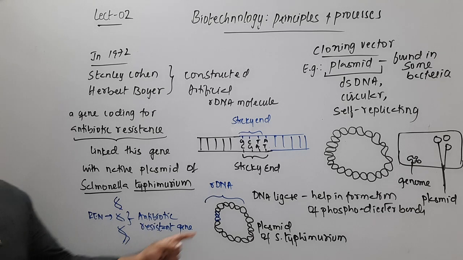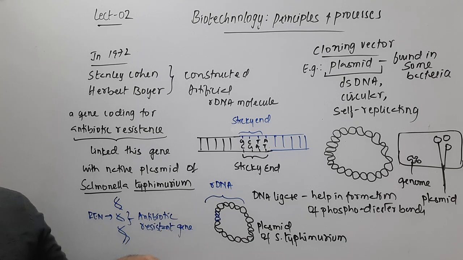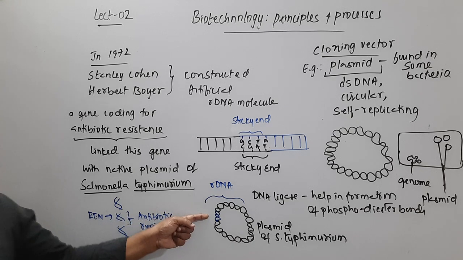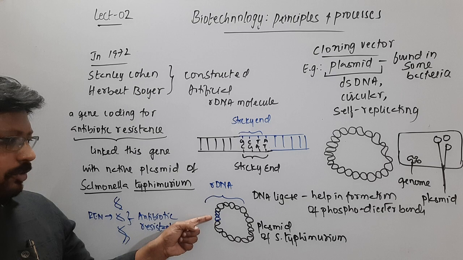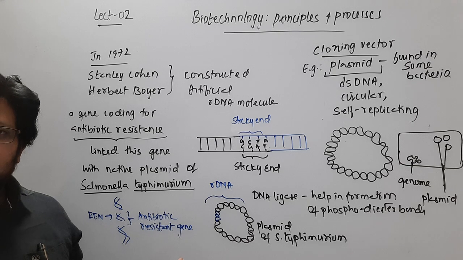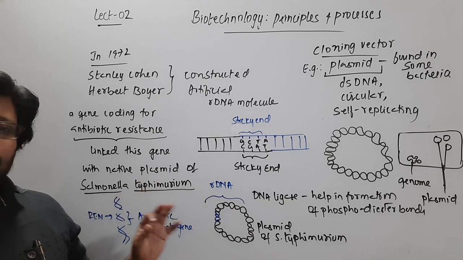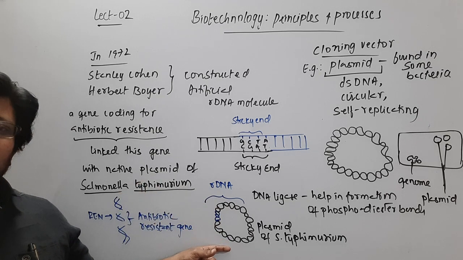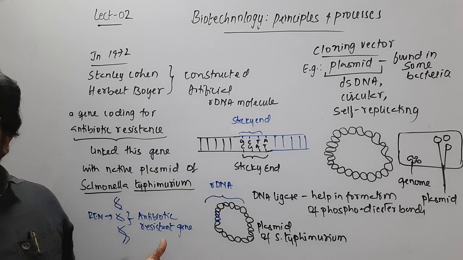Now, to express whatever that antibiotic gene is, it requires an environment, and that is inside the cell. This antibiotic resistance gene has to get expressed, meaning it produces a product that can counteract the antibiotic action. That expression can be done only after you put this plasmid into a host organism, and here we will take bacteria.